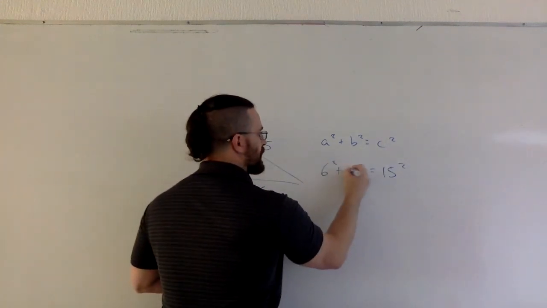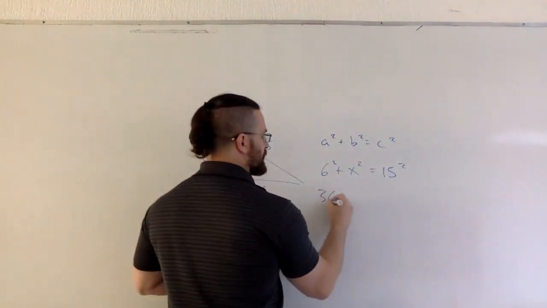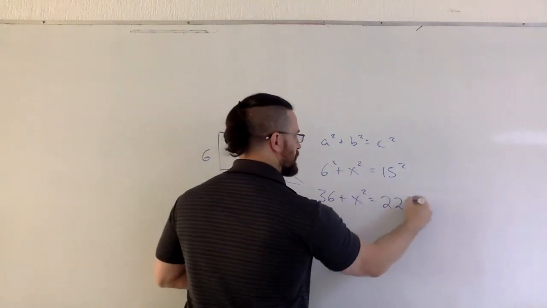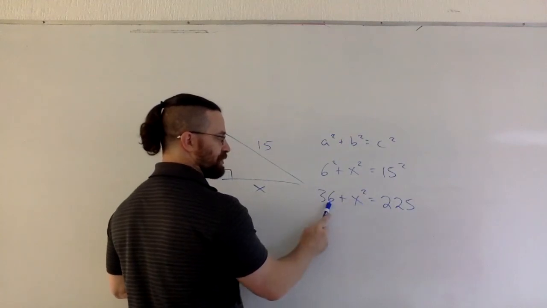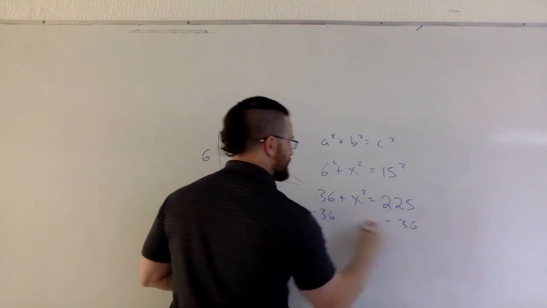So 6 squared plus x squared. That's going to give me 36 plus x squared equal to 225. And now since I have to get the x by itself, I'll have to subtract 36 over to the other side. So minus 36, minus 36.